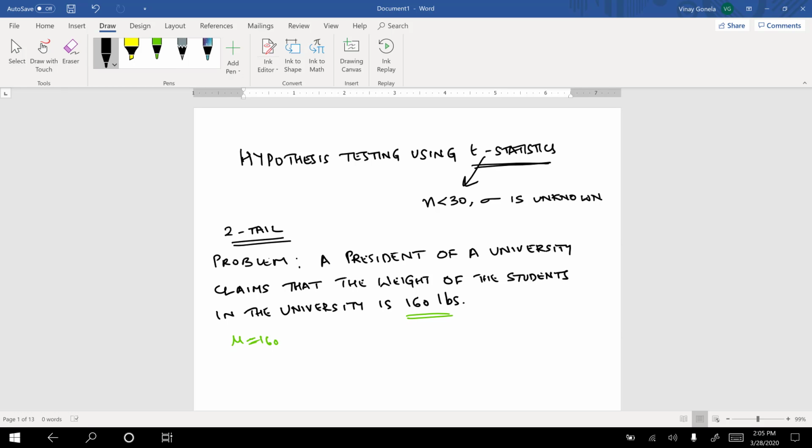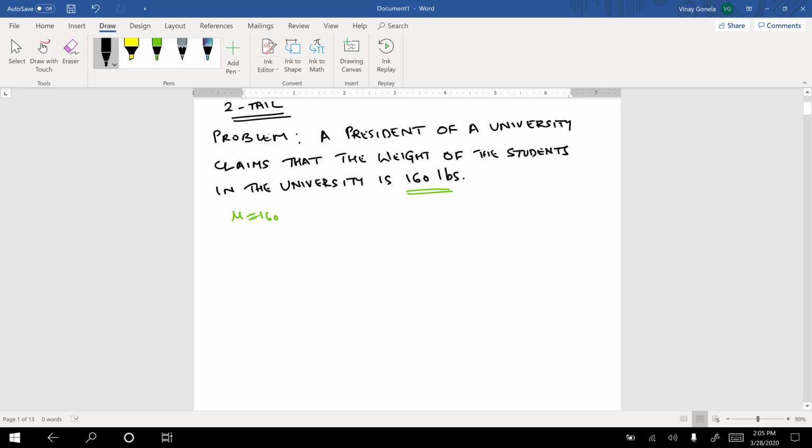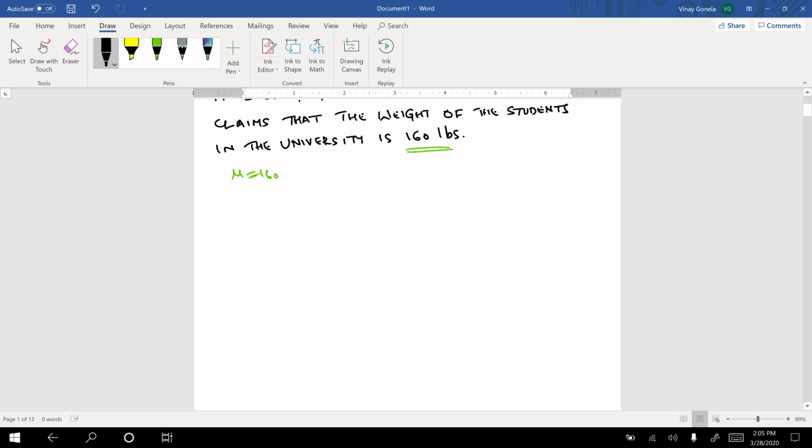So the first step of hypothesis testing is to define the hypothesis. This is a two-tail problem because the claim is exactly equal to 160. Alternatively you are saying it's not equal to 160, so you can disprove the president's claim on both sides of the normal distribution curve.